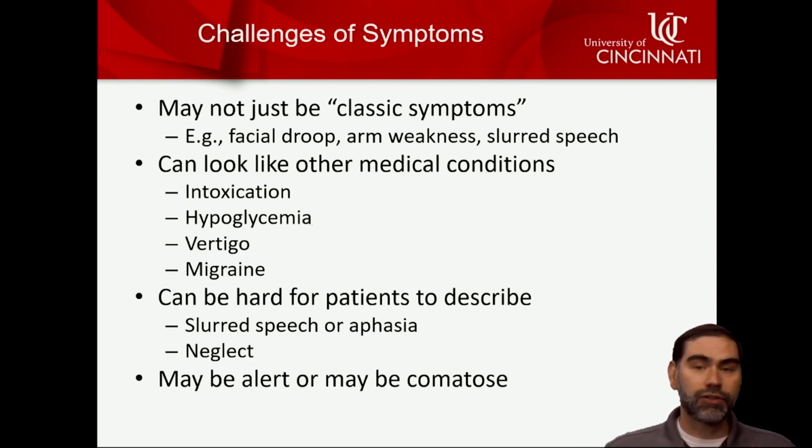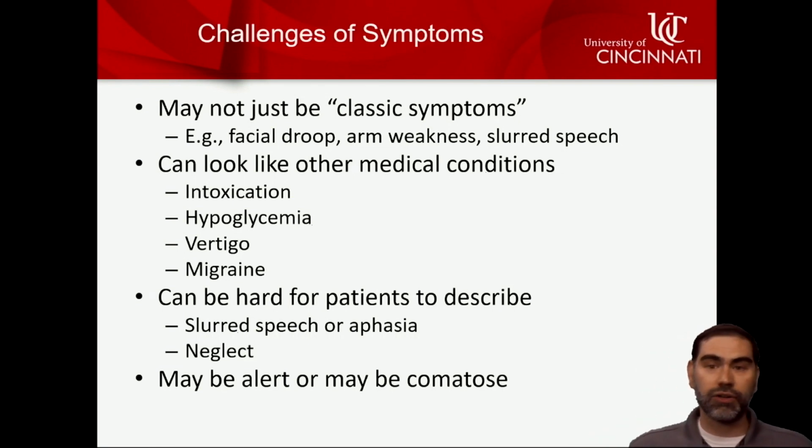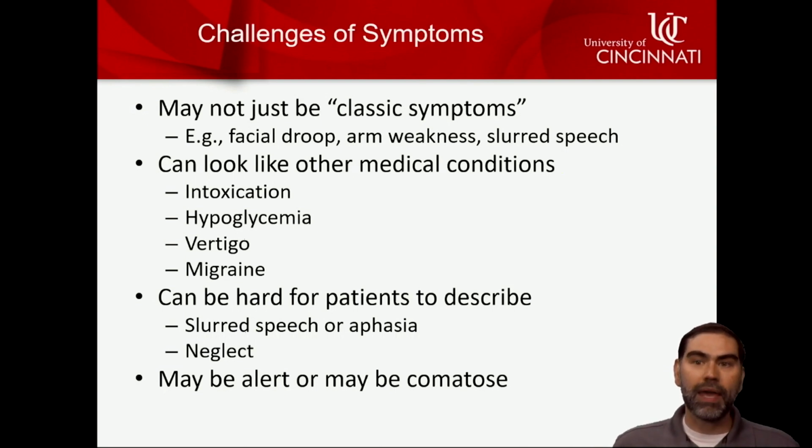But the other part of this, especially for the more severe stroke syndromes, is that they may actually have neglect. So if I'm having a really severe stroke and I can't move the left side of my body, if I'm experiencing neglect, it is possible that I may not even recognize or realize that I'm having symptoms on that side of the body.